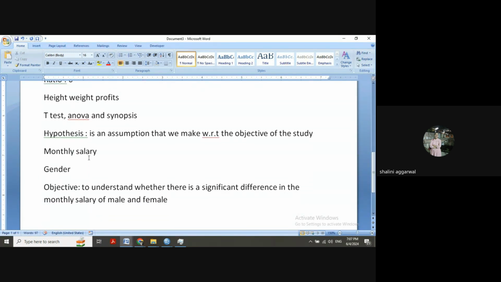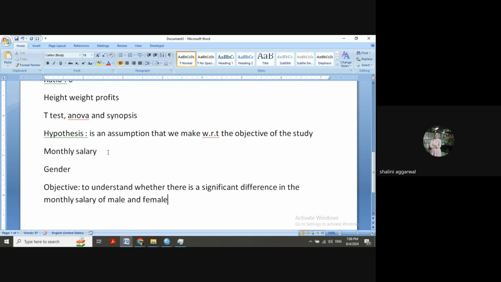What we are doing right now is hypothesis, so I'm explaining this term with an example. Let's say we have two variables in our questionnaire. One is monthly salary and another is gender. So the objective is to understand whether there is a significant difference in the monthly salary of male and female.